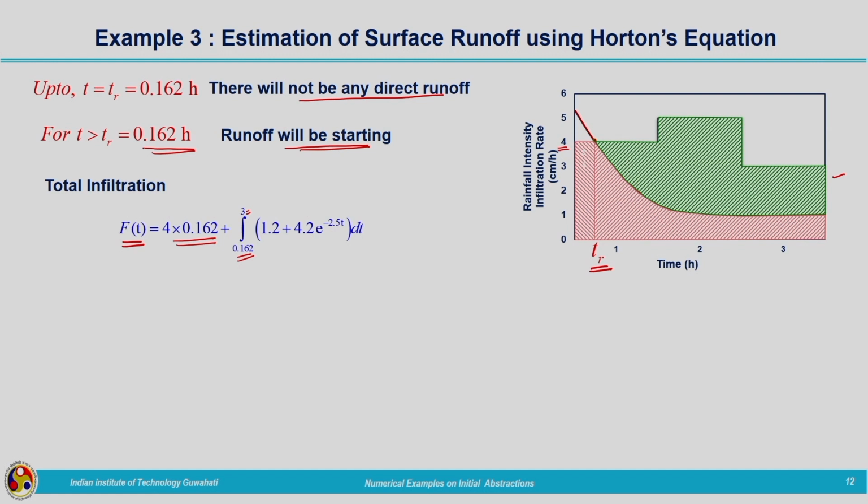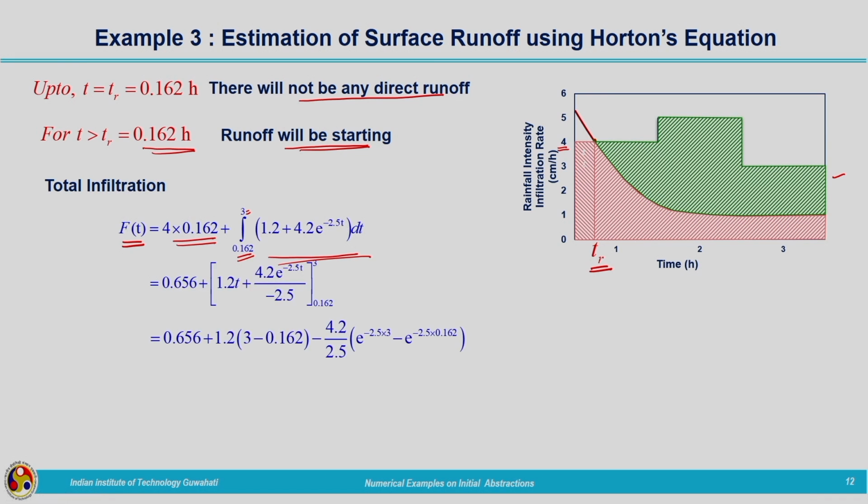So, that is what is written over here, that is integral from 0.162 to 3 of 1.2 plus 4.2 e to the power of minus 2.5 t dt. When we integrate that and sum up, we will get the infiltrated water to be 5.2 centimeters. This you can work out and see whether you are getting it as 5.2 centimeters.